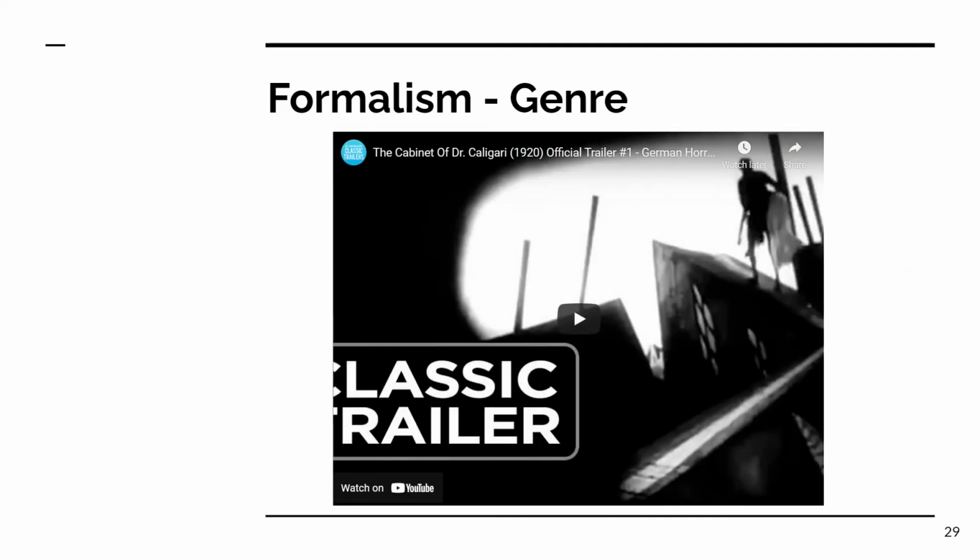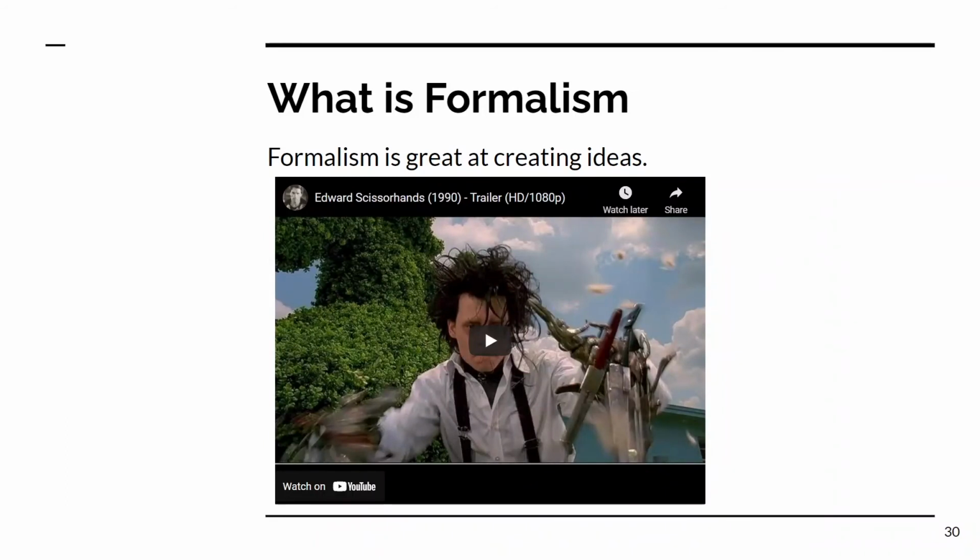Again, another formalist approach, one of the classic films of all time, The Cabinet of Dr. Caligari. If you haven't seen it, it's worth a watch. It's a fun, bizarre film. A more modern formalist film, you could say, is by the director Tim Burton, Edward Scissorhands, where everything means something.